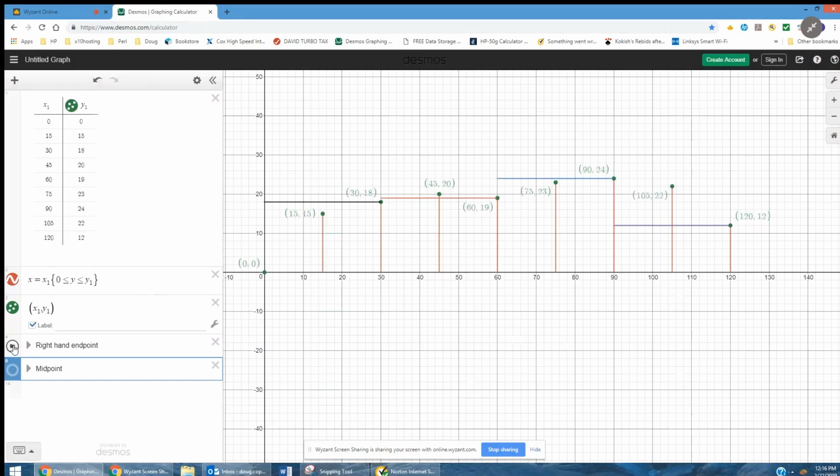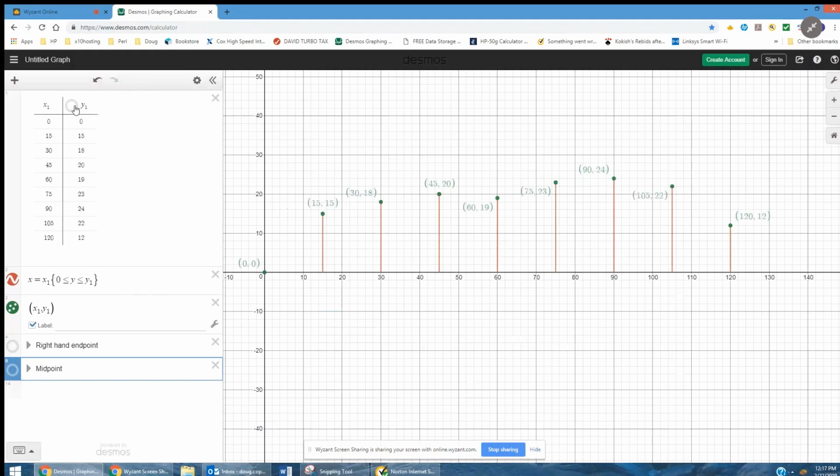If I disable that and click the midpoint estimation, that means I would be using the midpoint of each subinterval to get the height of the rectangle. They all still have the same length, 30, 30, 30, 30, but they have different heights. So you get a different answer for the sum of those 4 rectangles.